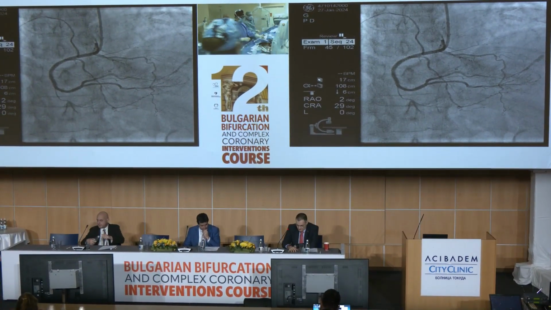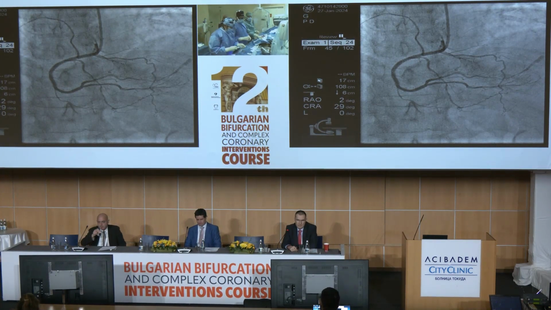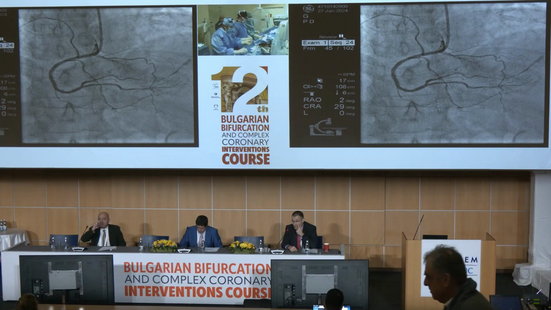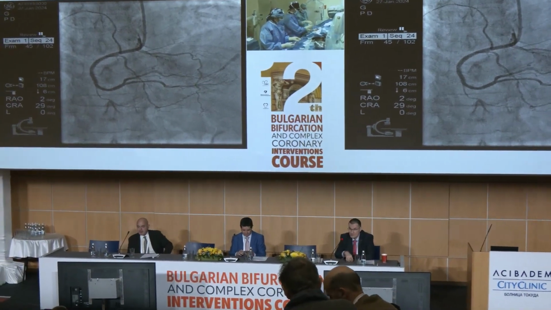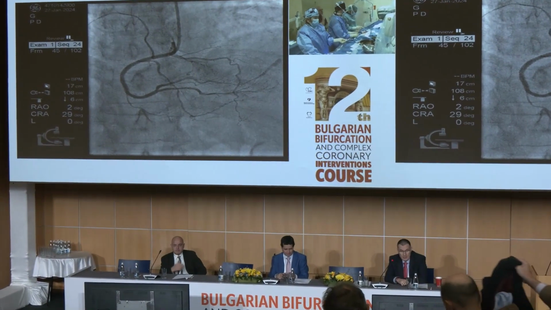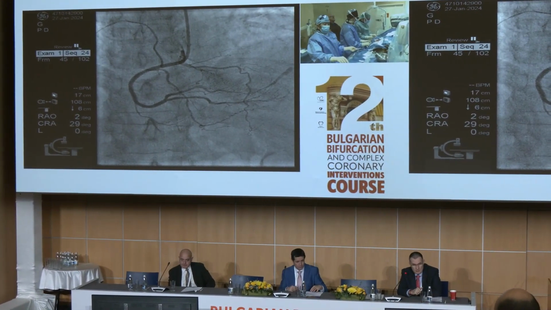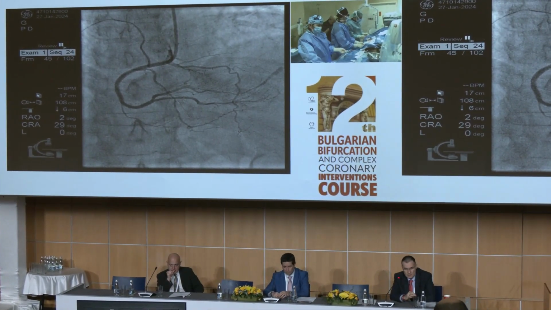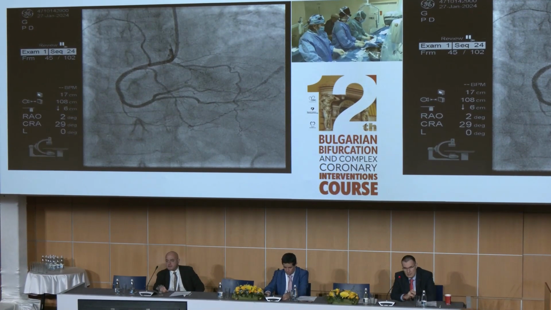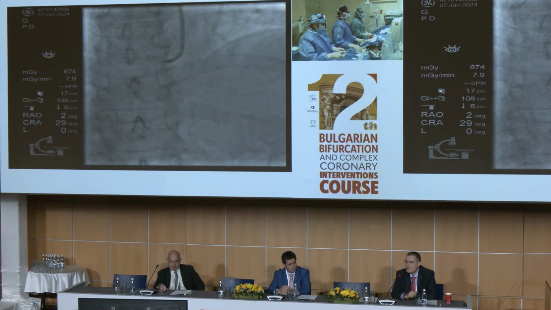As you remember, this is a patient with a 3-vessel disease, maybe 2.5, depending on how you assess the circumflex lesions. There were 2 severe lesions in the right coronary with in-stent restenosis. And then there was a stenosis on the mid-LAD.